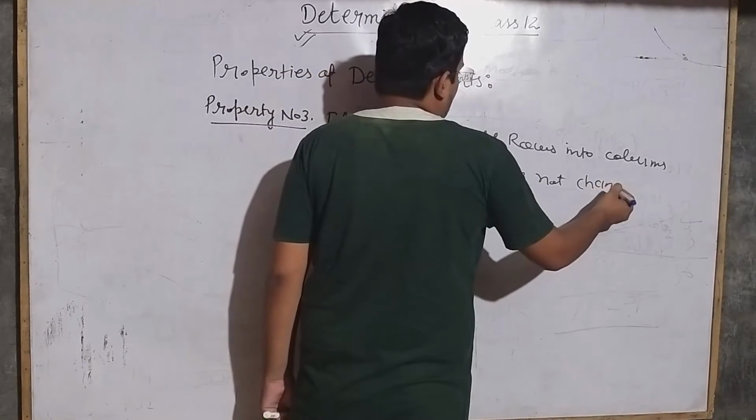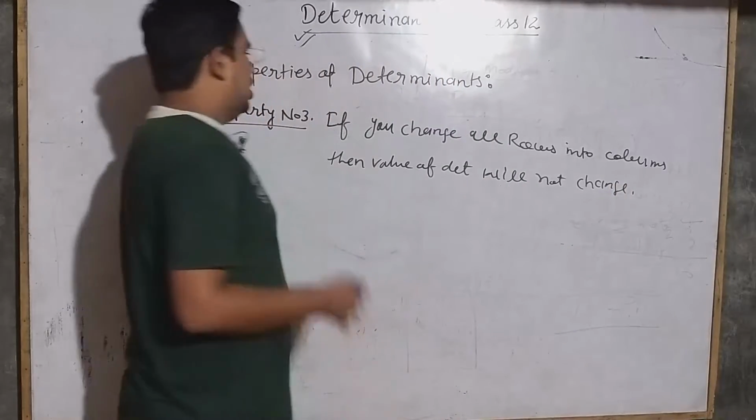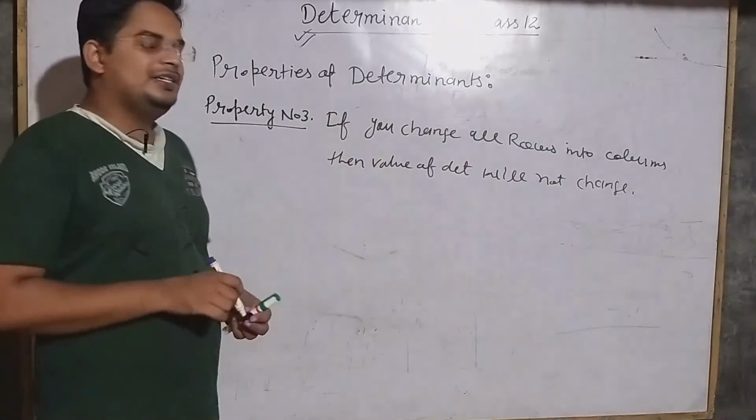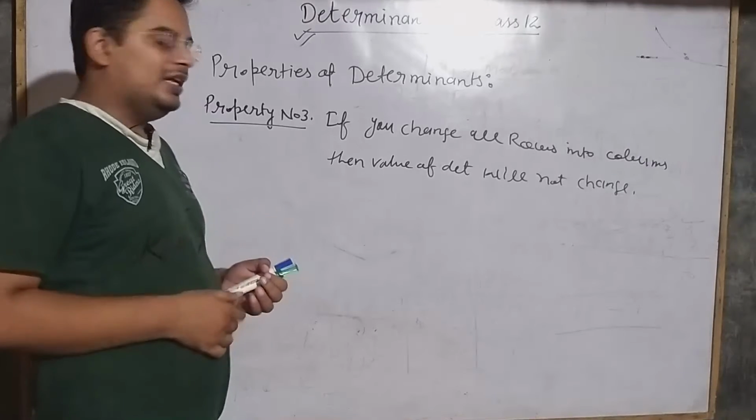What I am saying to you, children, is if I convert all rows into columns, then the value of that determinant will not change. So let's see by example.